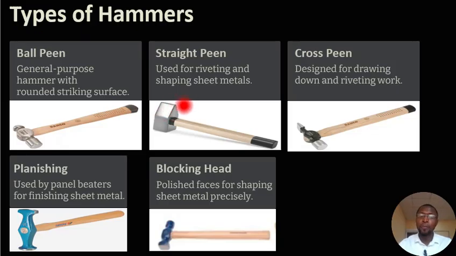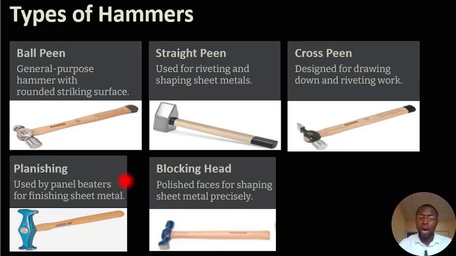We have another one called the cross pin hammer. This one is designed for drawing down and riveting work. Because of the cross pin it has, it can easily help you to draw down and to make a rivet.